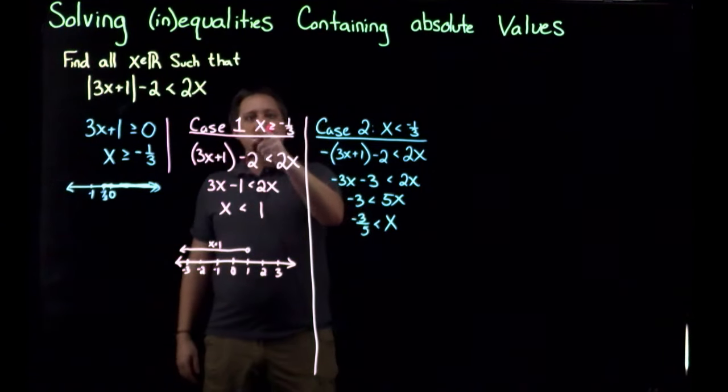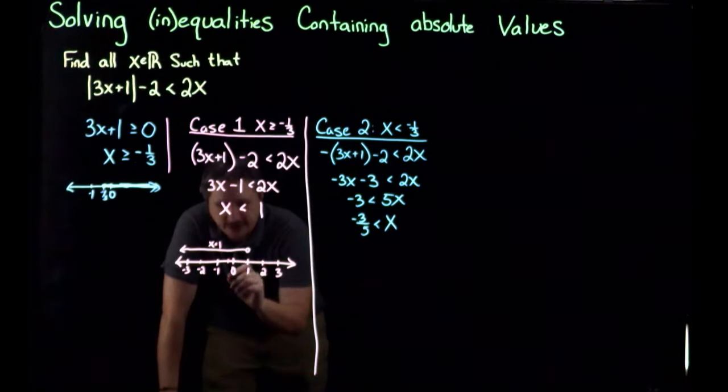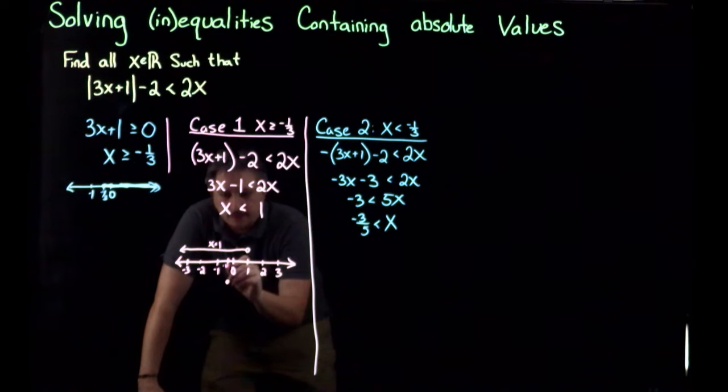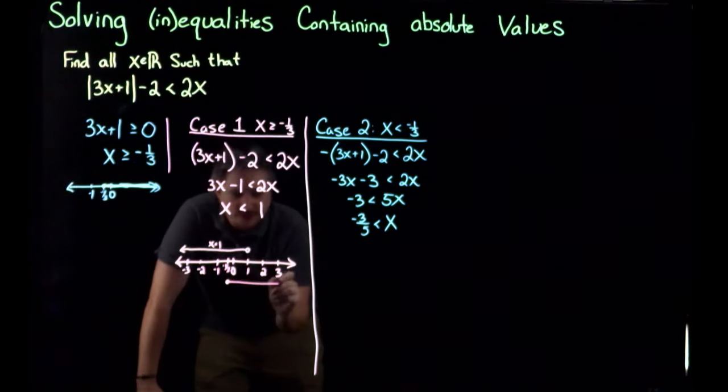So I want to graph x greater than or equal, so it's a closed dot, negative 1/3. So negative 1/3 is around here, give or take. So I have a closed dot at negative 1/3, and it's greater than or equal, so it's this direction.